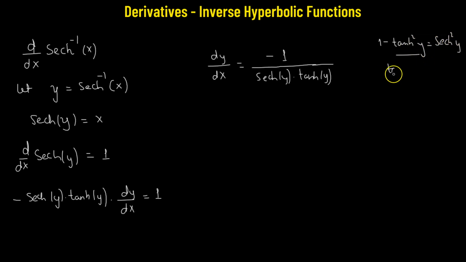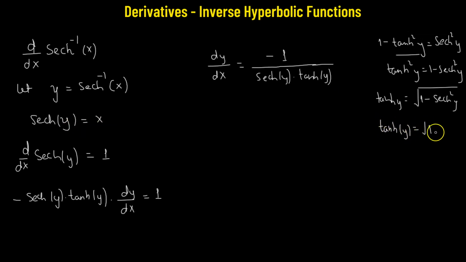So here, solving for tangent hyperbolic squared y, we have 1 minus secant hyperbolic squared y, and tangent hyperbolic of y will be, we'll take the positive square root, 1 minus secant hyperbolic squared y. And we have taken the secant hyperbolic function as x, so the tangent hyperbolic function of y is simply given by the square root of 1 minus x squared.